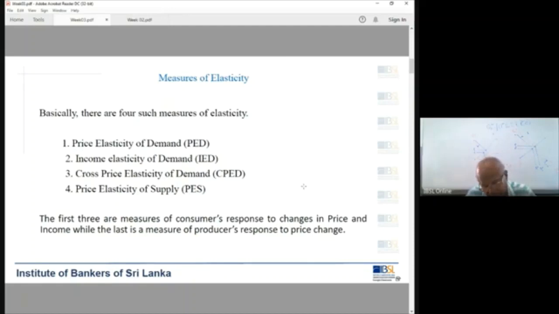Then the obvious question we always ask in economics: what are the uses of these measures? Who uses them? Are they practical? For what purposes? Sometimes you think these are long calculations that nobody uses. Why are we calculating these things? The same question is asked of price elasticity of demand and income elasticity. Who are the users?